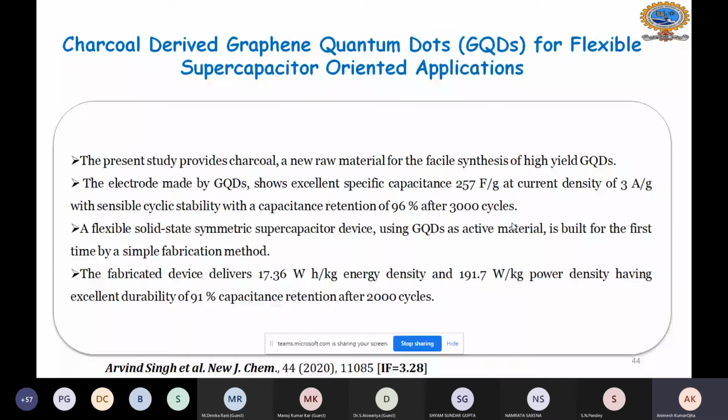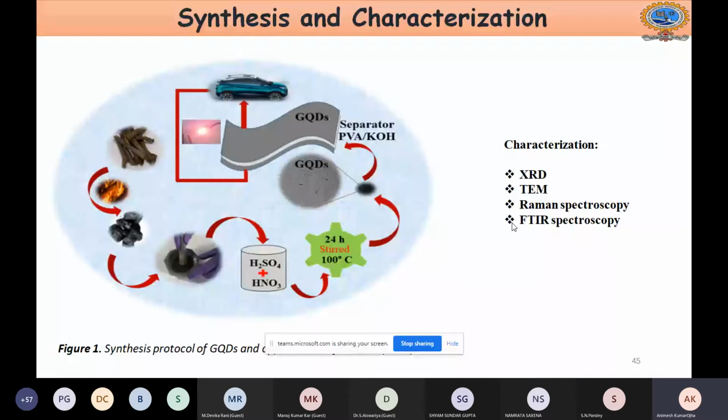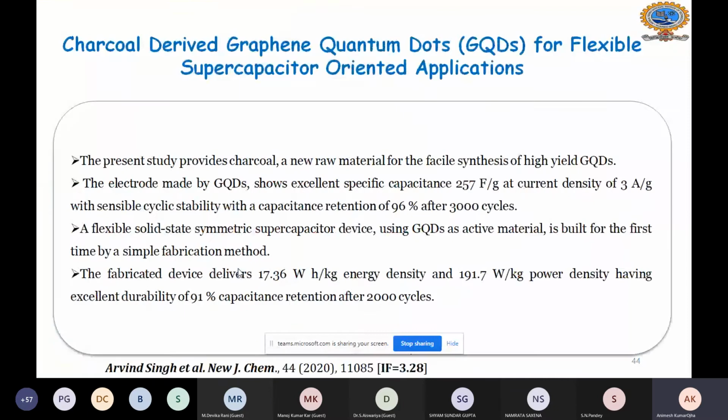This slide shows the synthesis of the graphene quantum dots, where there are so many steps. All the details you can find in this paper, which is published in the New Journal of Chemistry. I'm not going into that detail.